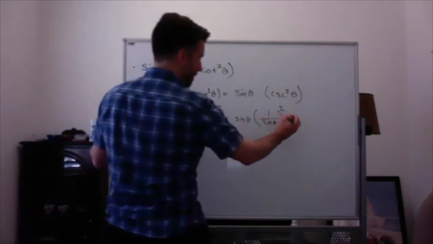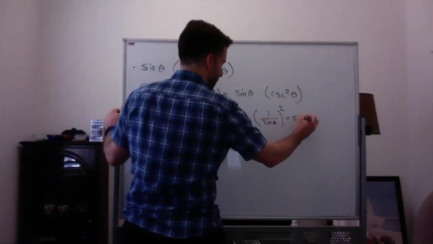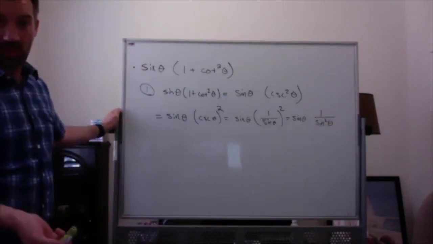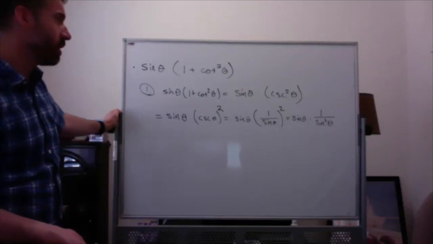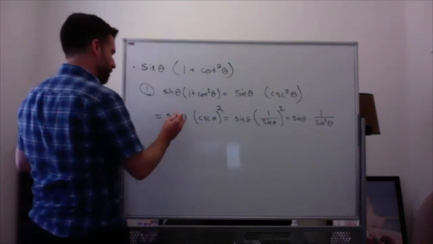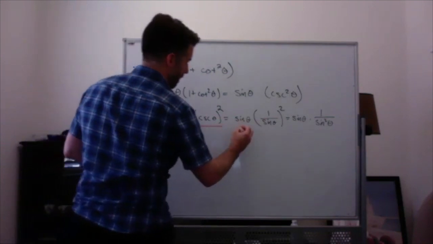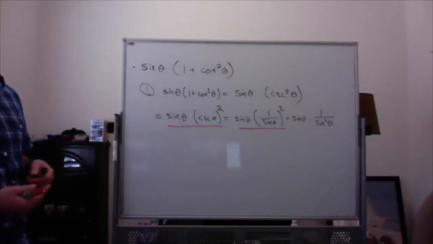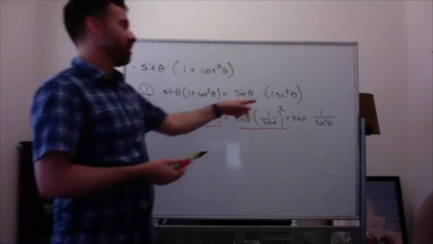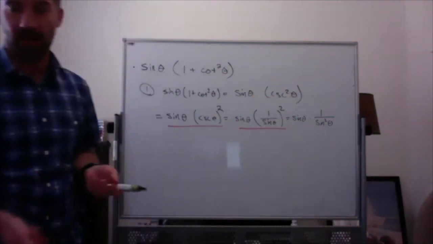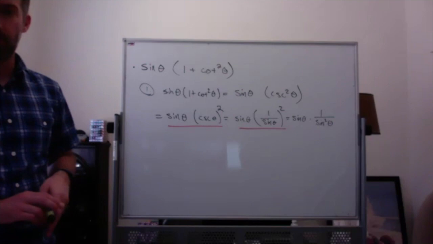Then I can rewrite this as sine of theta times 1 over sine squared theta, because 1 squared is just 1 and sine squared is just sine squared. You could totally skip these steps and jump straight to saying, if I know cosecant is 1 over sine, then cosecant squared theta is 1 over sine squared theta. That is a perfectly fine step to take next.